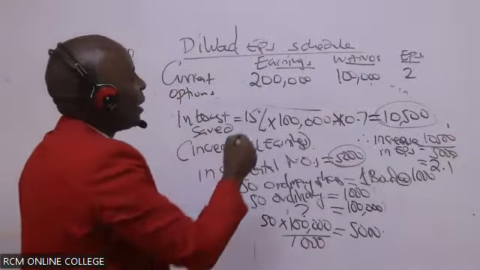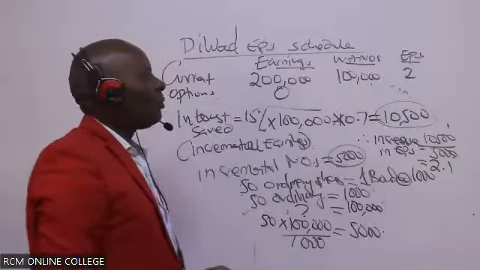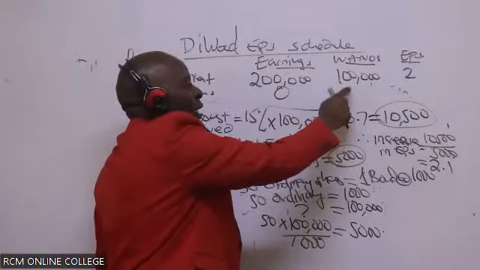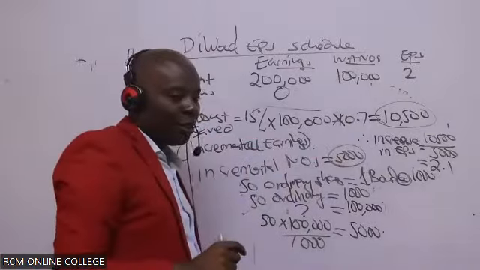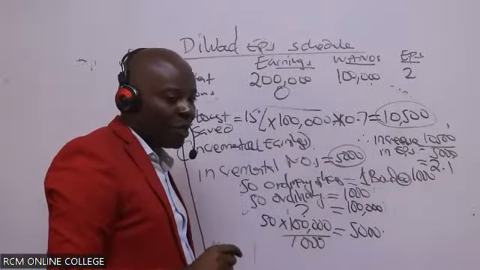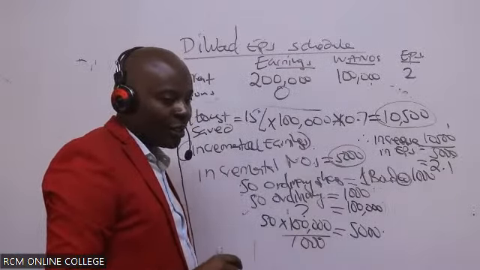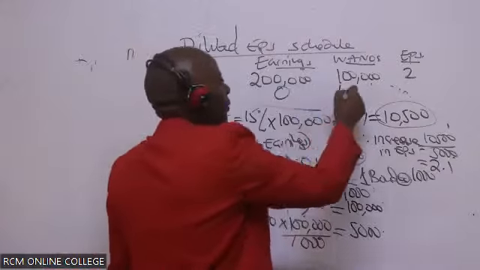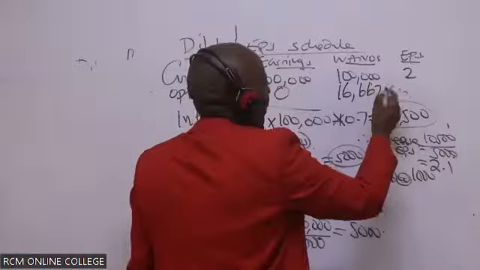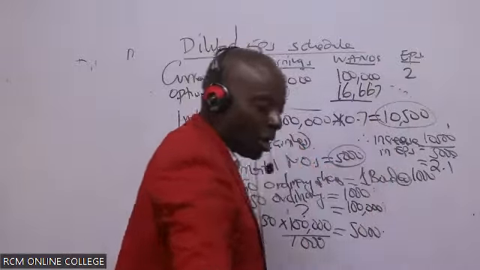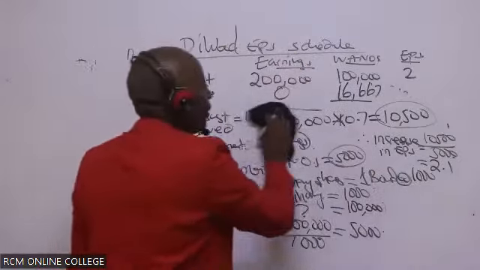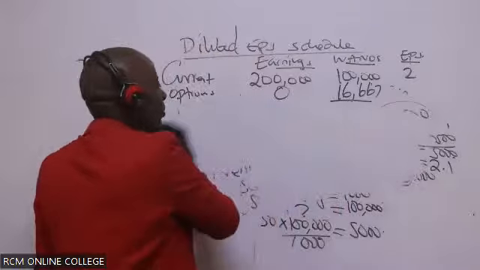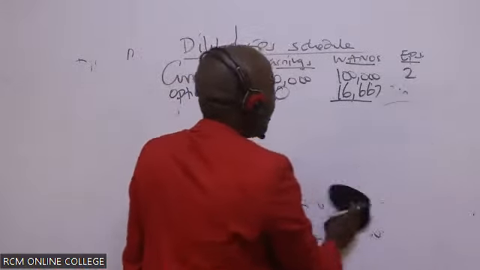Options earnings are 0. But you gave me shares to accompany options. How many shares were they? 16,667.